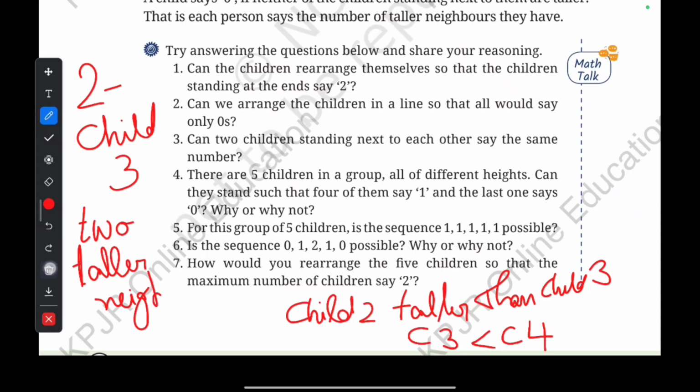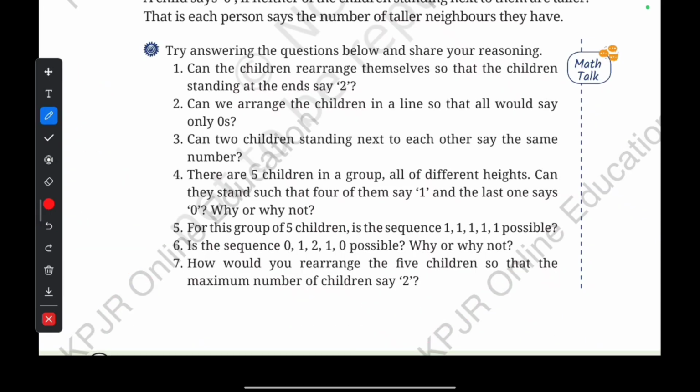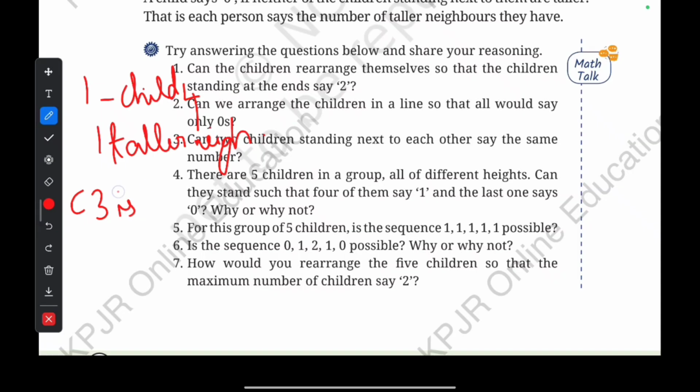Next, moving on to the next value. 1. 1 means child 4. If you take the value as 1 for child 4, that means child 4 has one taller neighbor. That means C3 is taller than C4. So C4 is greater than C5.